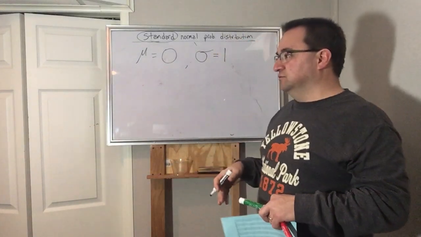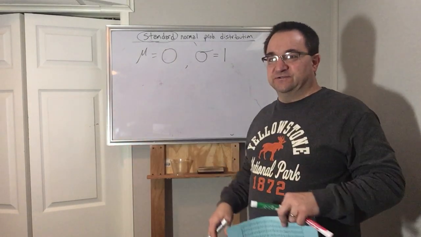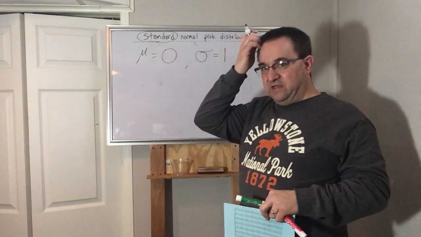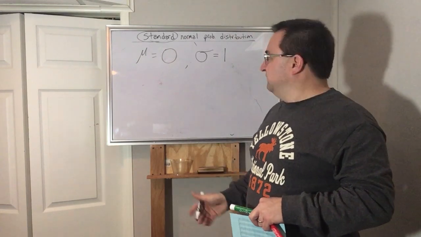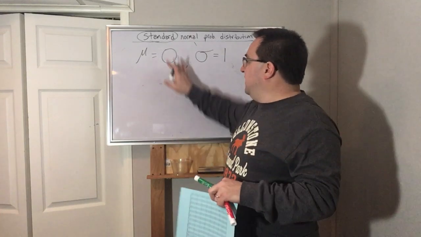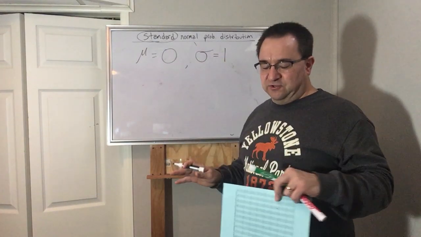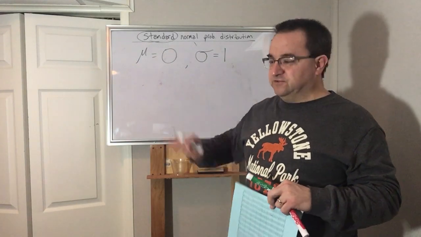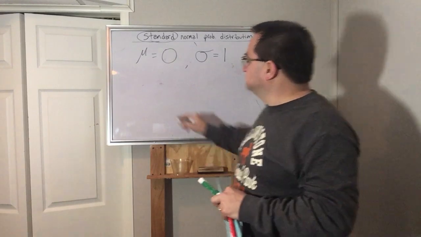If that is true, then this is a standard normal. After a couple lessons from now, we're going to start messing with those values. So if we wanted the mean to be 6 foot or whatever, we could put 6 here. But for right now, we have to have that the mean is 0 and the standard deviation is 1. And that's what we've been doing. You just got to pay attention to that later.